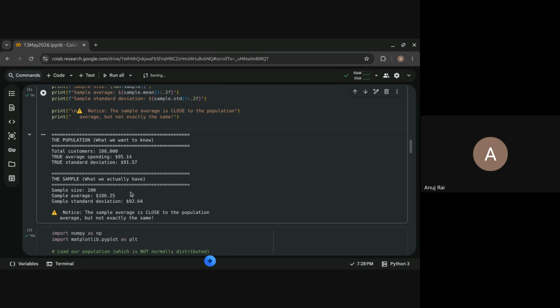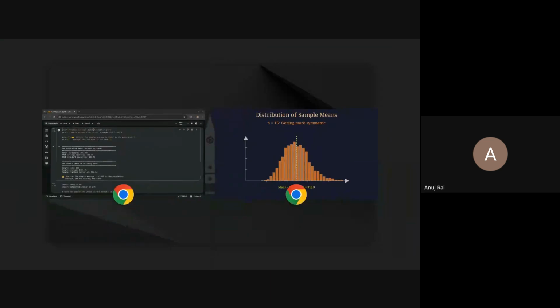So here, each sample might not represent your true population, but if you repeat the process of calculating the sample statistics and summarize it, then it will start converging towards the population. That is what the central limit theorem is.